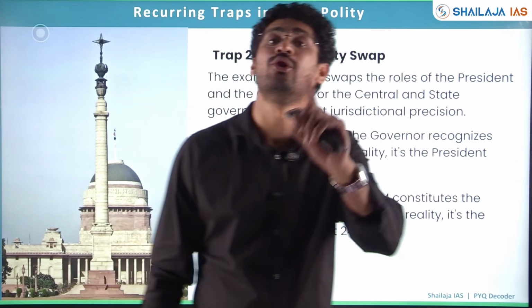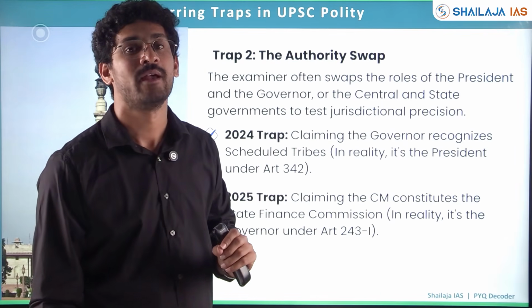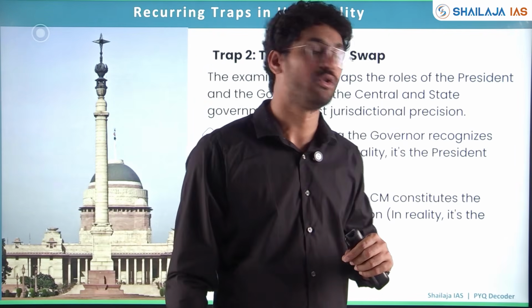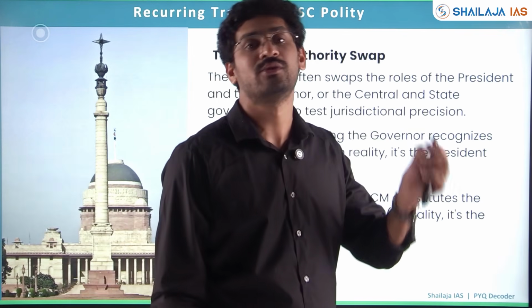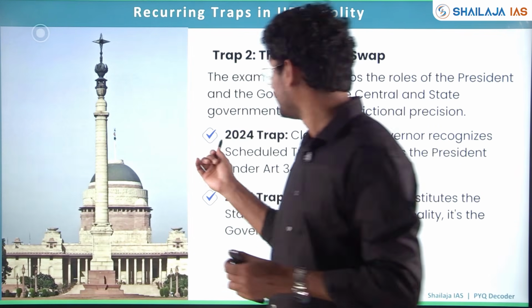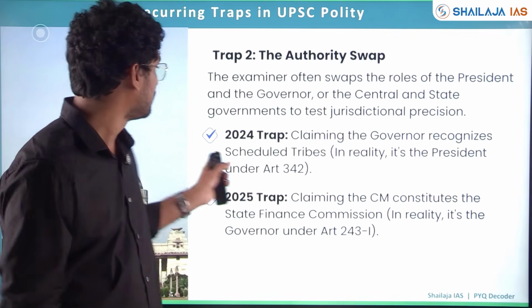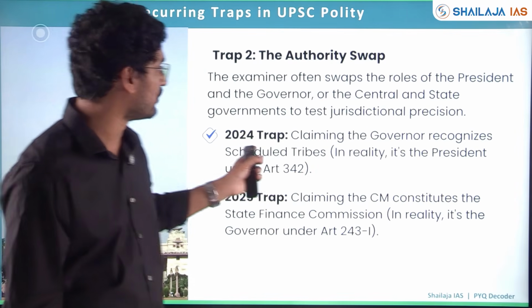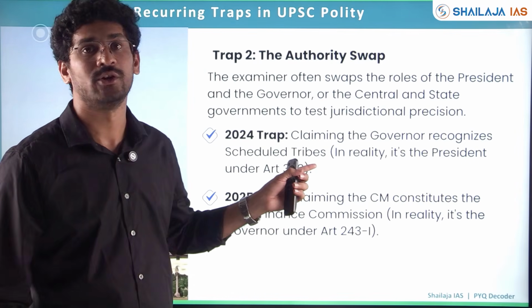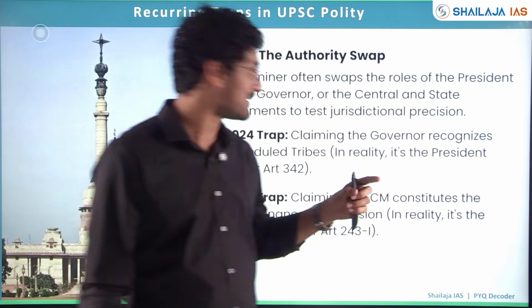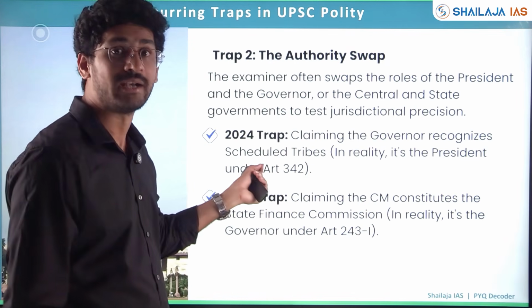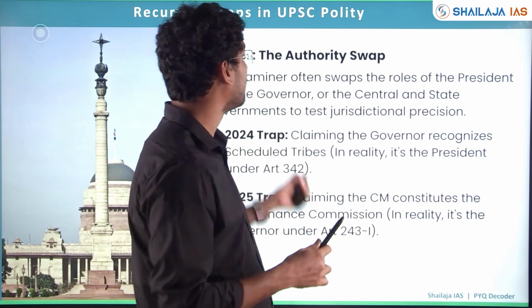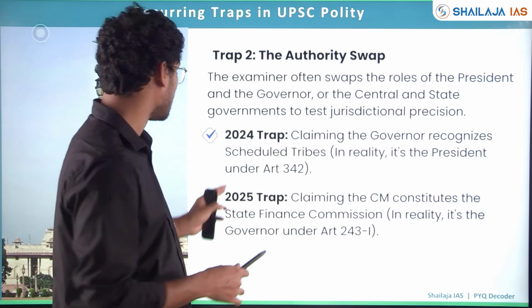The OBC issue was also in the news, where states could do it, but a constitutional amendment was brought when the Supreme Court judgment was given. So for SC, ST, the president; for OBC, the state also can do it, right? You need to have that clarity on the swapping of authority.